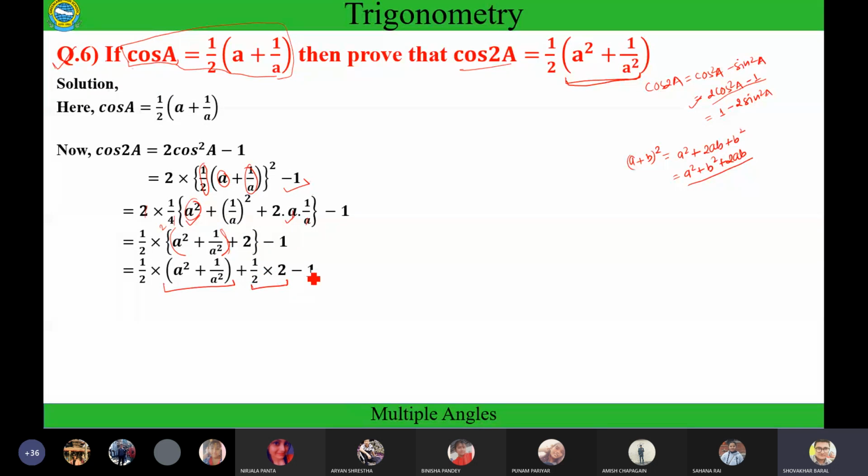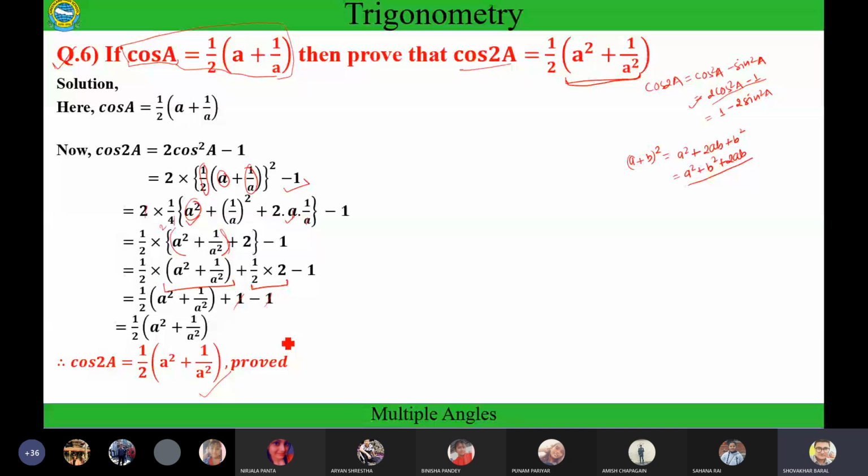So 1 by 2 times 2 is 1, giving 1 by 2 (a square plus 1 by a square) plus 1 minus 1. Further simplifying, the 1 and minus 1 cancel, and it will be 1 by 2 (a square plus 1 by a square). So we have got the solution. Therefore cos 2a is equal to 1 by 2 (a square plus 1 by a square), proved.